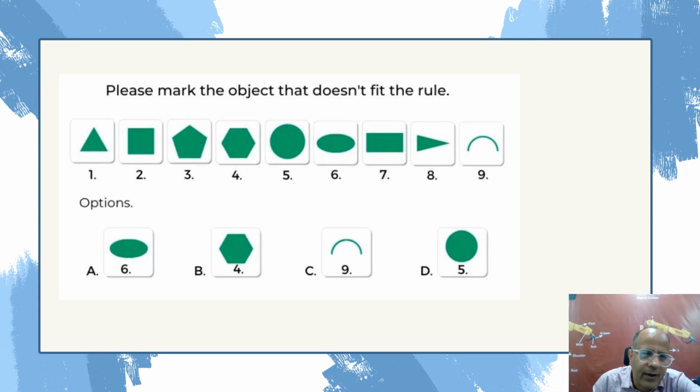Okay, if I start, I need to figure out once again the object that does not fit the rule. At this point, I must again emphasize that when you are watching this video, make it a point to pause the video and try to do the question on your own in 30 seconds. Now, 30 seconds is very important. Yes, that's the challenge.